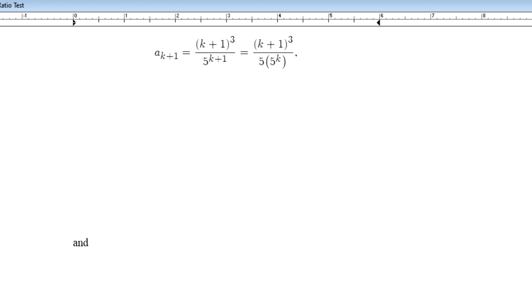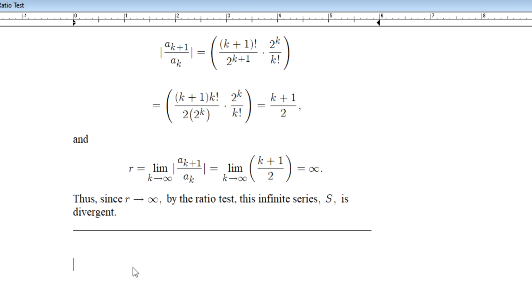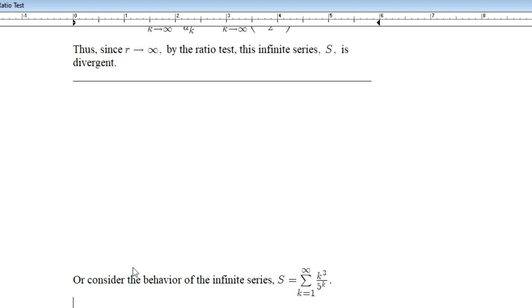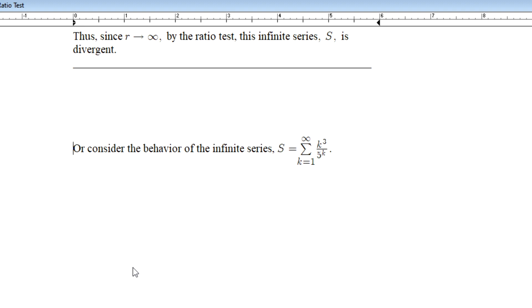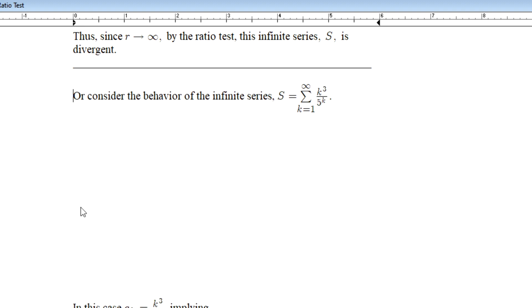Let me do another quick one for you. Let me bring this into view. Consider the behavior of this series, this value of S. Again, we might first point out what is our argument here.